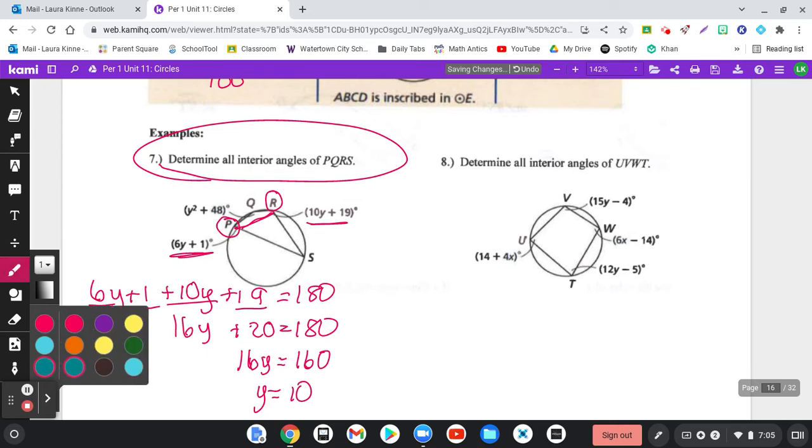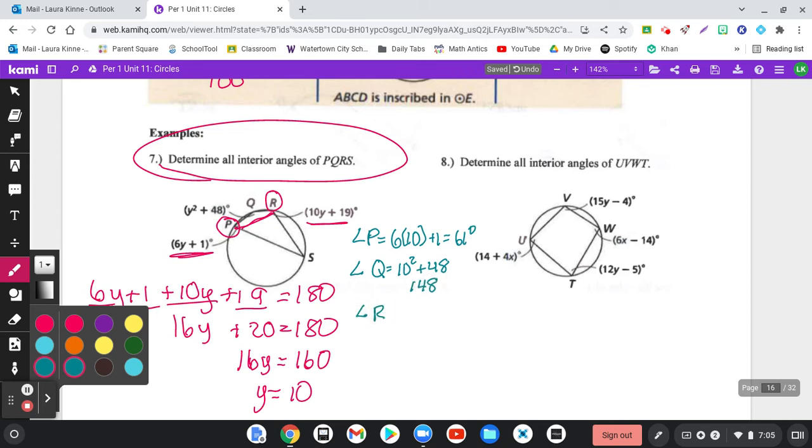So now let's go up and answer the question. Angle P is 6 times 10 plus 1, which is 61. Angle Q is 10 squared plus 48. It's a big angle. Angle Q is going to be equal to 148.